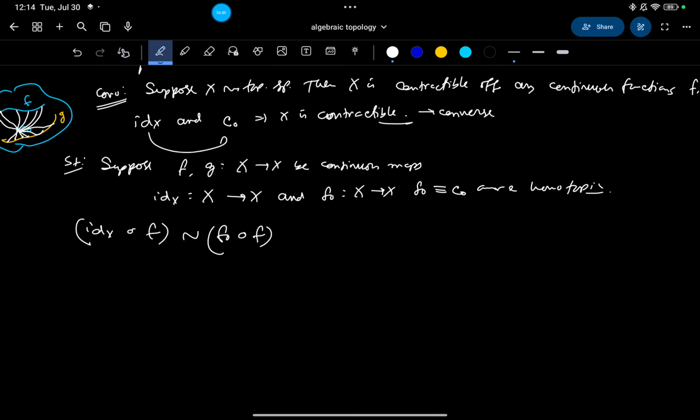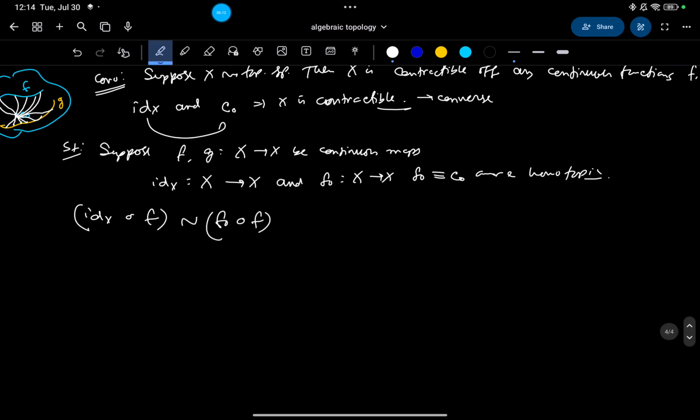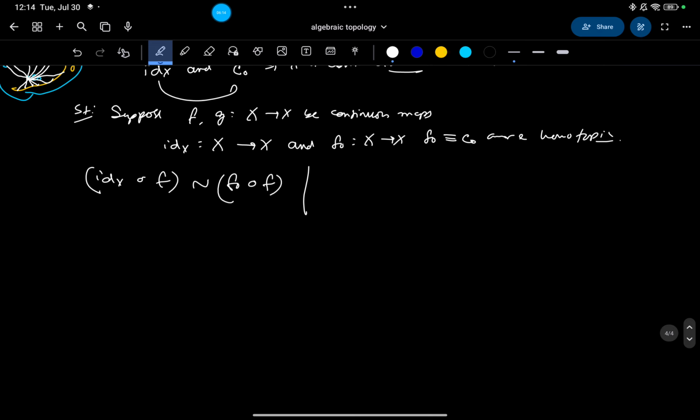f naught composed with f. We have already seen that the homotopy property is preserved by composition from either the left side or the right side. Similarly, identity of X composed with g is homotopic to f naught composed with g. Now note that f naught is a constant map, so both f naught compositions are the same.